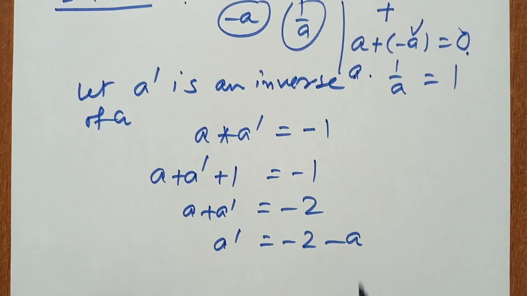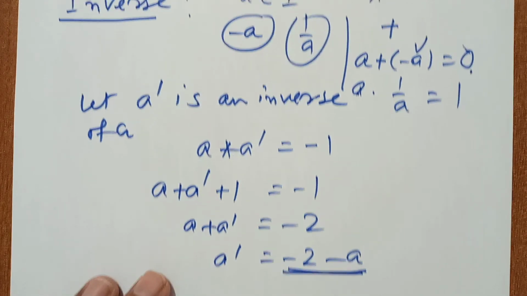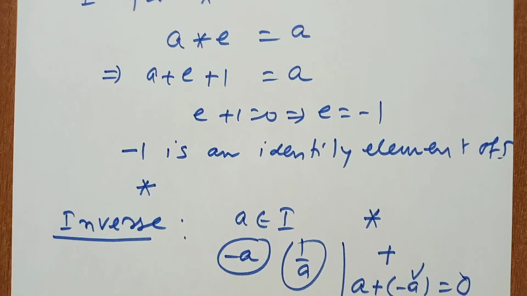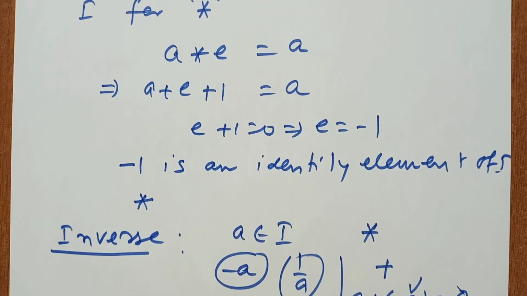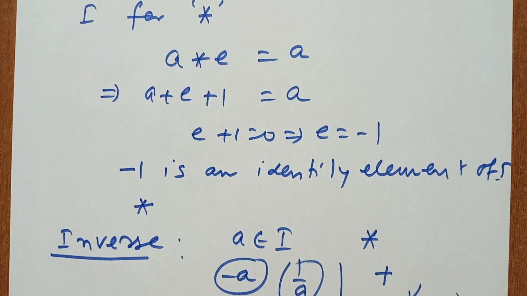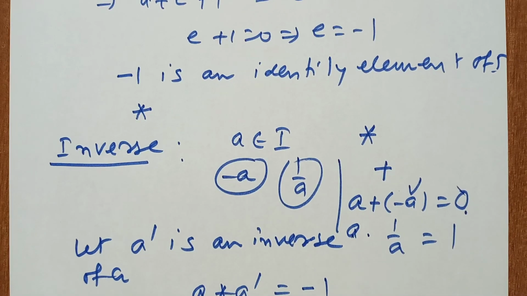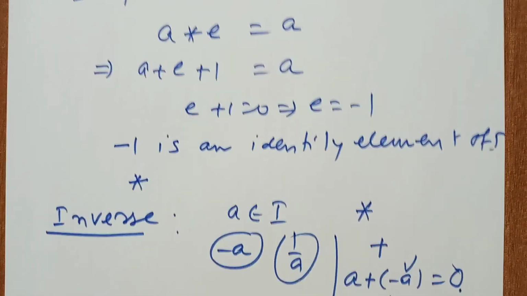Here the inverse is -2 minus A. So we have seen that all the properties are satisfied in the integers with the given operation, therefore our set is a group. Also it is very easy to see this is an abelian group, no problem. But here we only need to explain group.